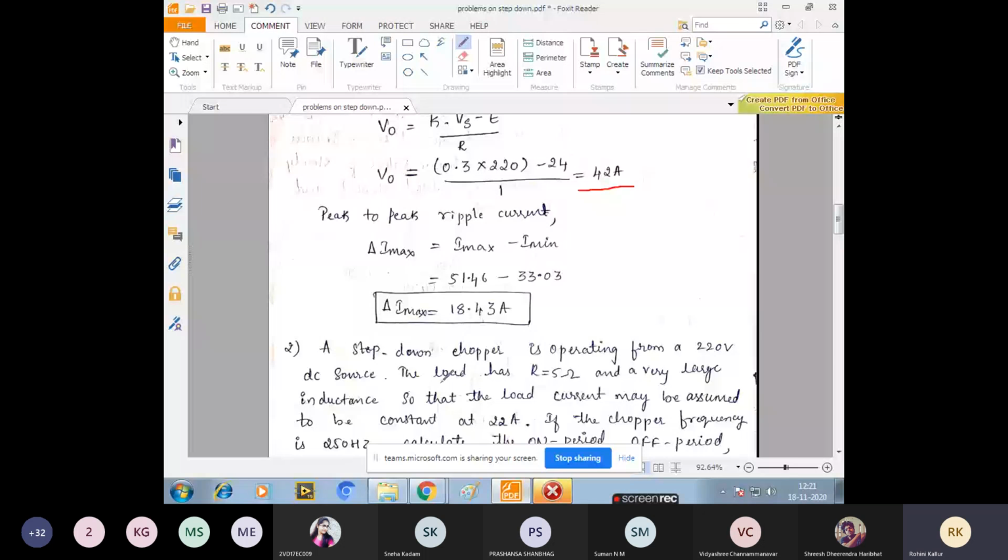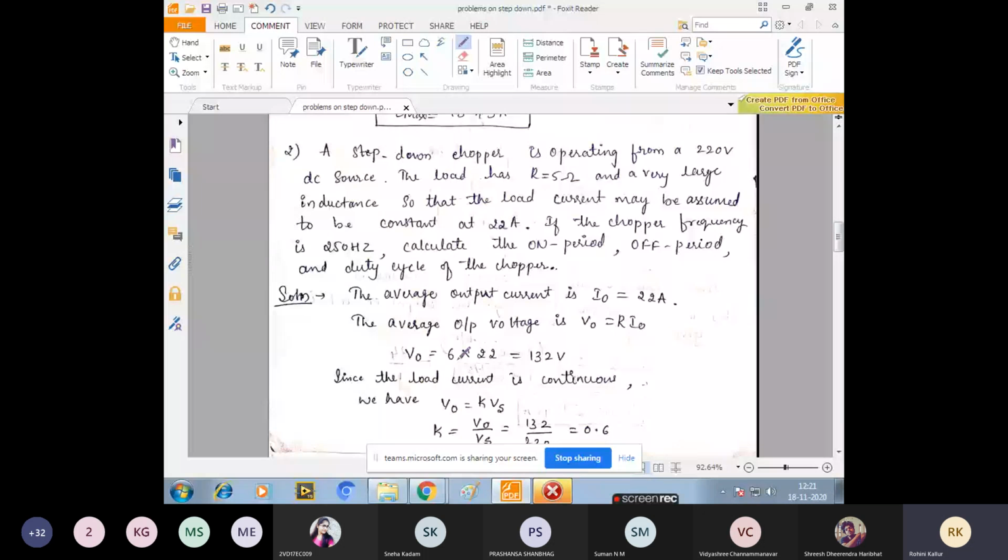Second one is, we have a step down chopper and it is operating from a 220 volts DC source. Okay, Vs is equal to 220 here. And the load has R, which is a resistor of 5 ohms and a very large inductance, so that the load current may be assumed to be constant at 22 amps.